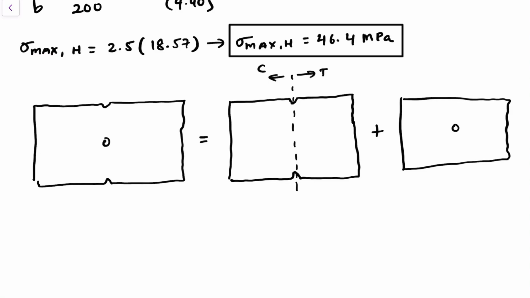So we're going to start off at our nominal stress, right? And let me draw some lines across here, just to show where the feature is. And this is because we're loaded axially, right? So that means we have a load this way.